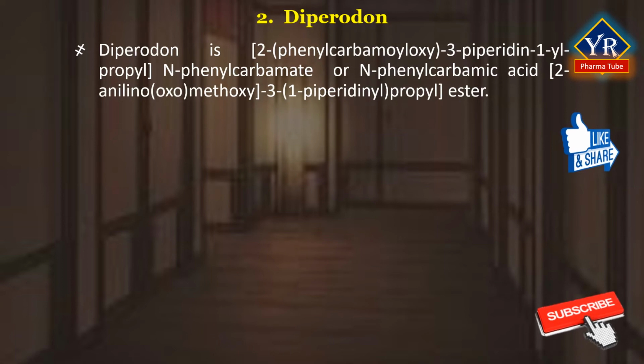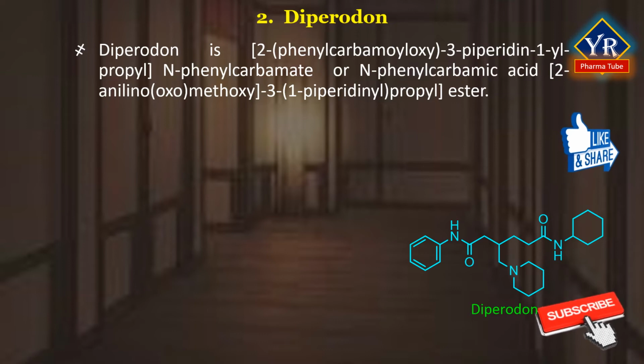The second drug is Diperodon. Diperodon is chemically 2-phenylcarbamoyloxy-3-piperidin-1-yl propyl N-phenyl carbamate, or N-phenyl carbamic acid 2-anilino oxomethoxy 3-(1-piperidinyl) propyl ester.